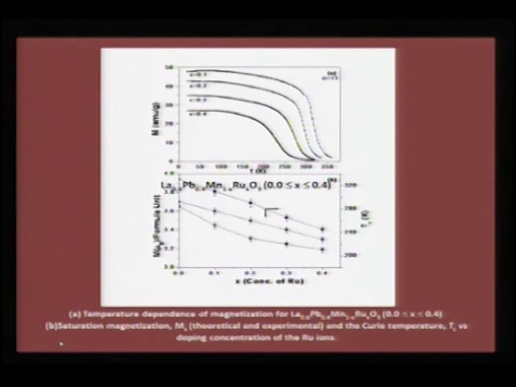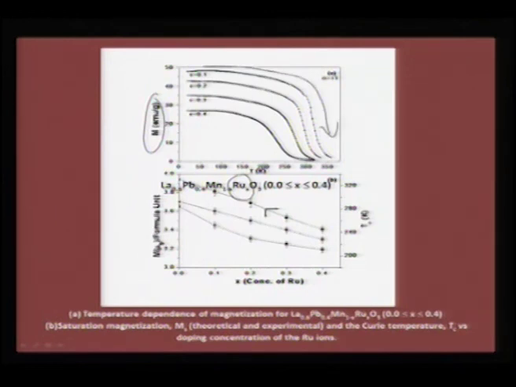In the next slide we will see what happens to the ferromagnetic interaction when ruthenium is substituted into manganese sites. From this cartoon at the top, you would see the plot of magnetization as a function of temperature, and this is a typical ferromagnetic transition.